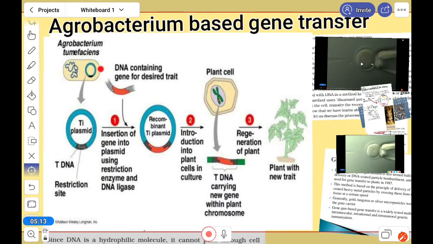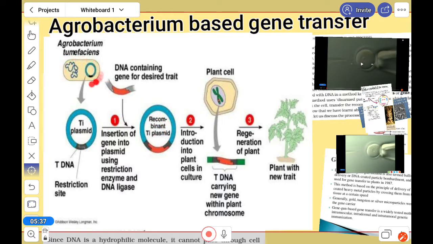So here it is Agrobacterium. Here the Ti plasmid is taken out, and here is the tDNA. The tDNA has the power that it can attach very easily and spread like cancer. Here we add the gene of interest, and we keep it inside again.